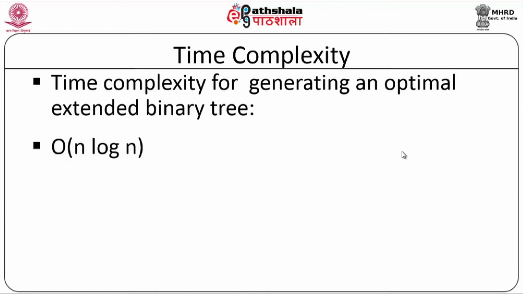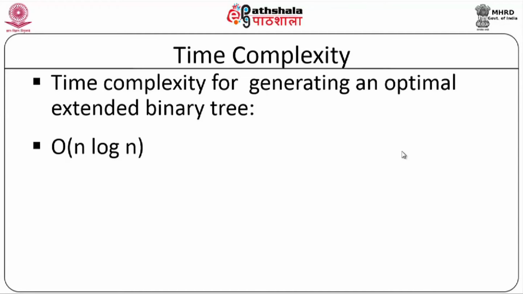So, we can push all the elements into the heap, then extract 2 minimum elements, combine them, and again put that back into the priority queue. We can continue this till only one item is present in the priority queue.